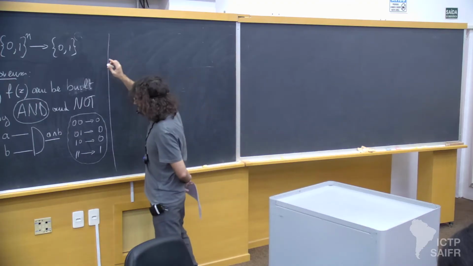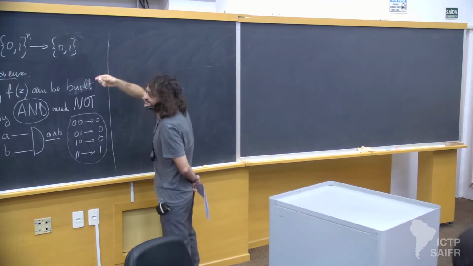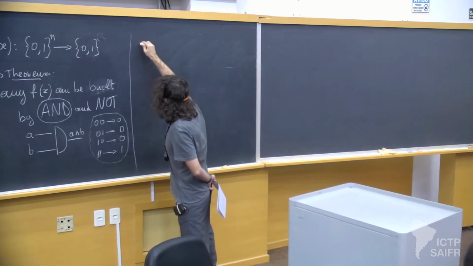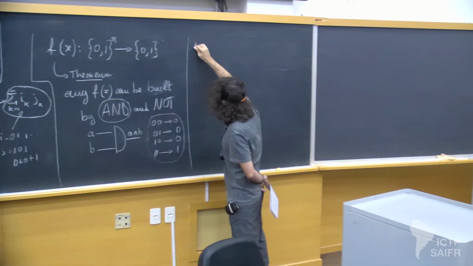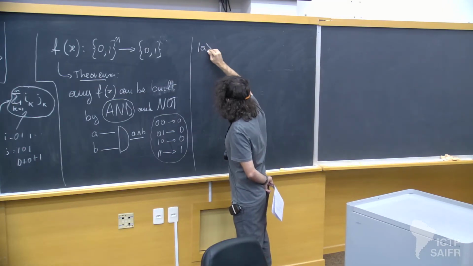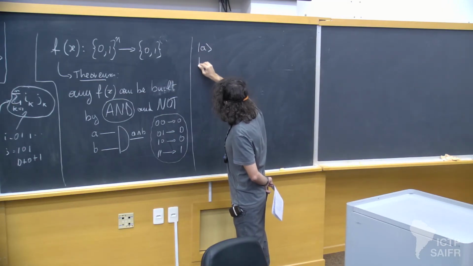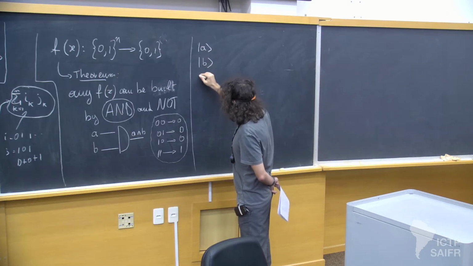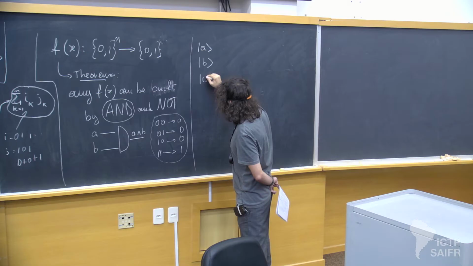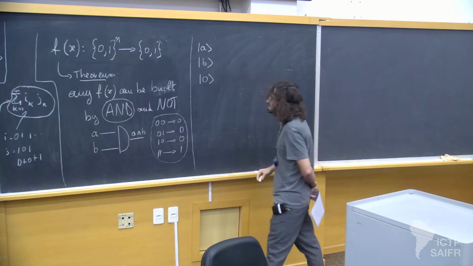The idea is simple. You encode your A bit in a ket A, you encode your B bit in a ket B, and then you put here a free qubit that you initialize at 0.